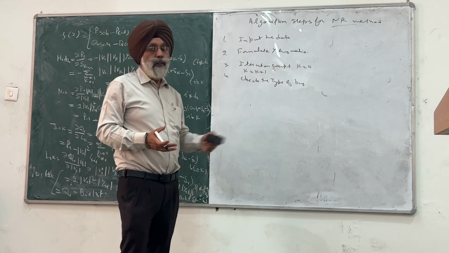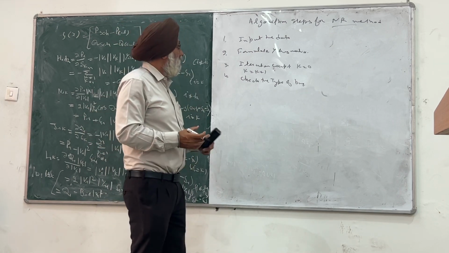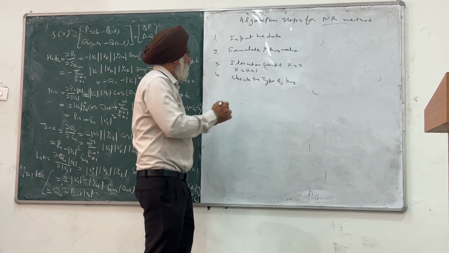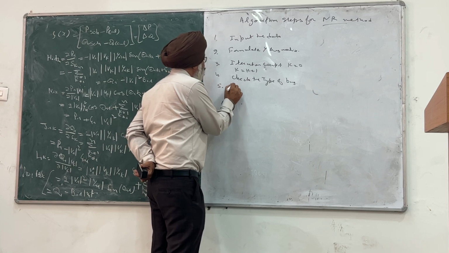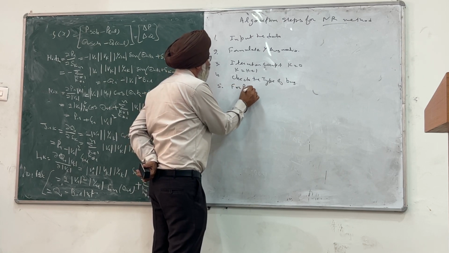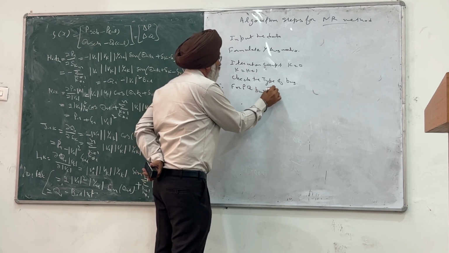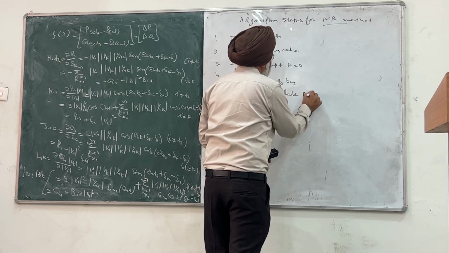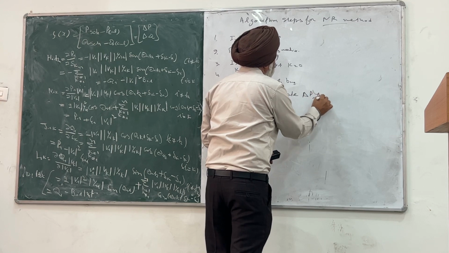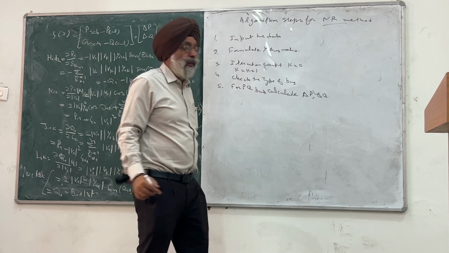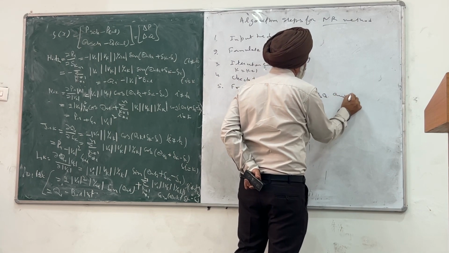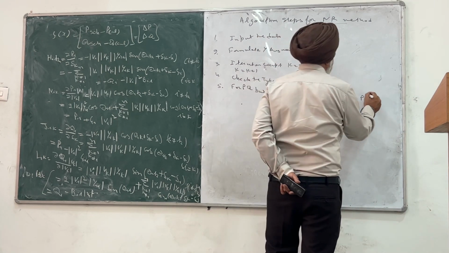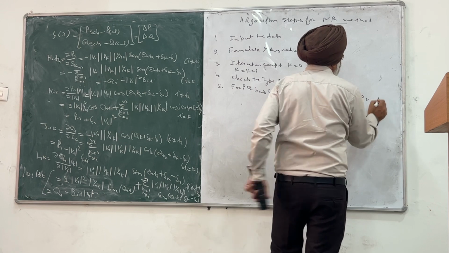And if it is a PQ bus, then we have to calculate delta P and delta Q. And for a PV bus, calculate delta P.